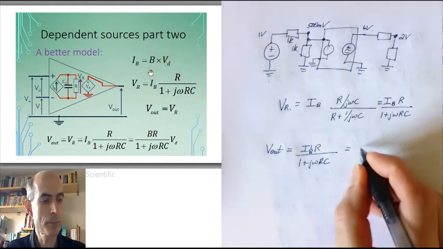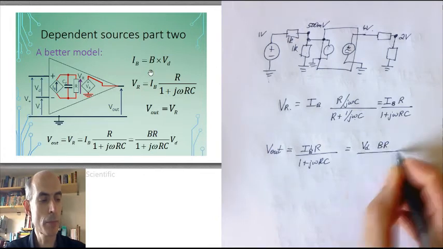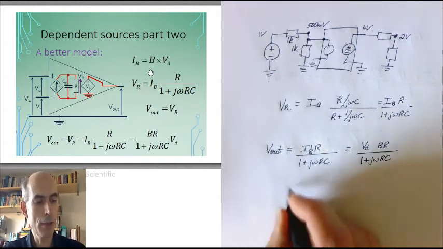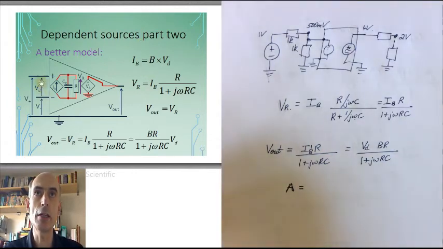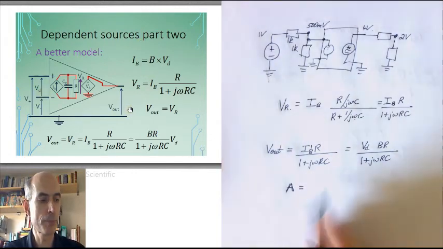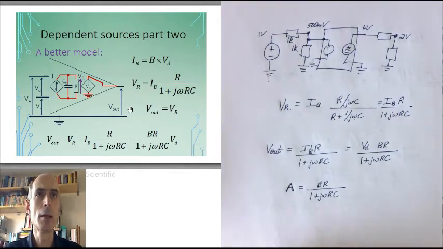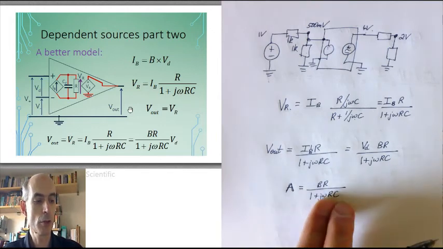So that gives me VD times BR over 1 plus j omega RC. So effectively, my open loop gain, the ratio of the output voltage to VD, the difference between the input voltages, is BR over 1 plus j omega RC. Now, at DC, when omega is 0, this is equal to just BR.